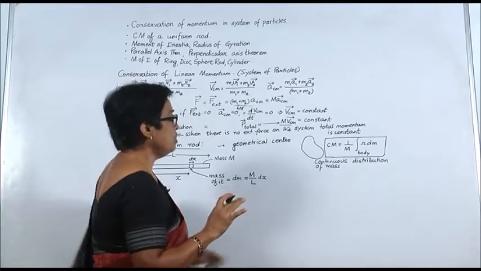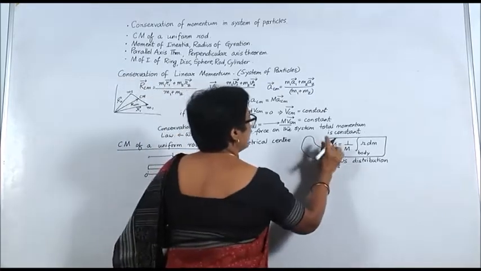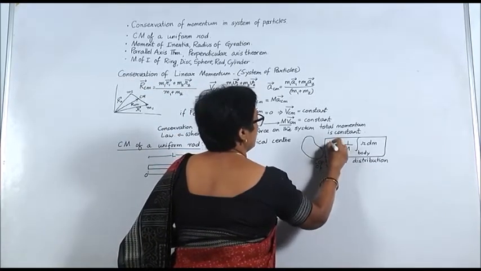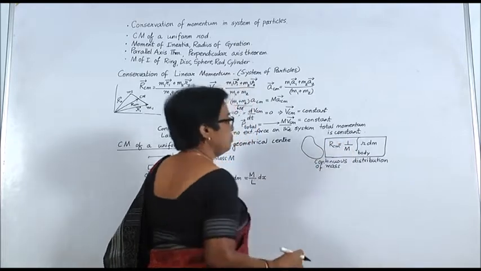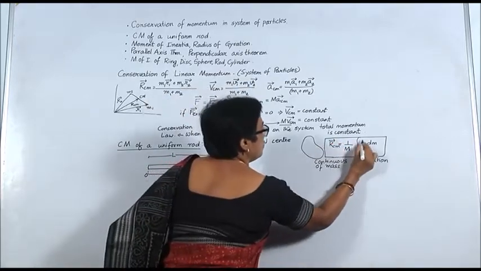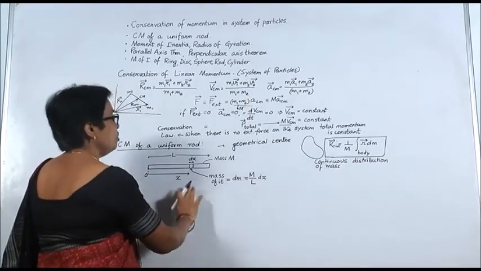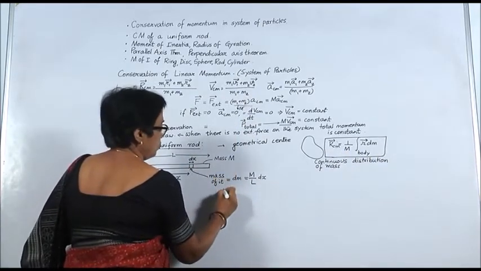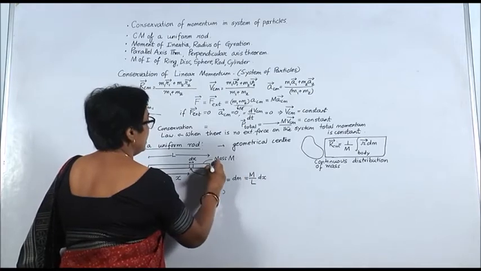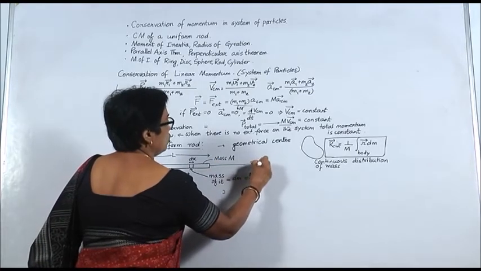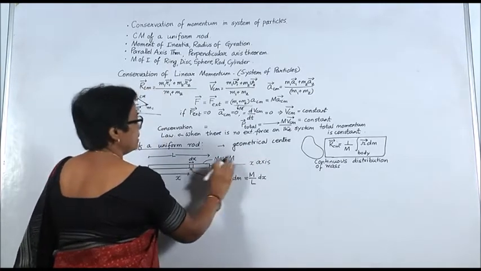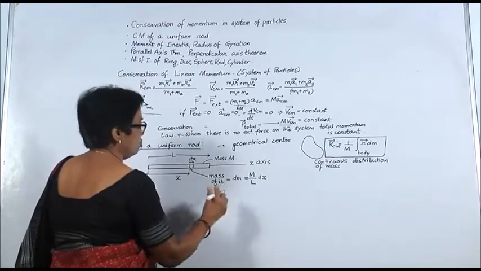So, obviously the center of mass, that means I should give it R CM. Only the x component is there, because it is one dimensional and it is along the x axis. So, the R CM will be on the x axis, not on y or z, there is no variation.